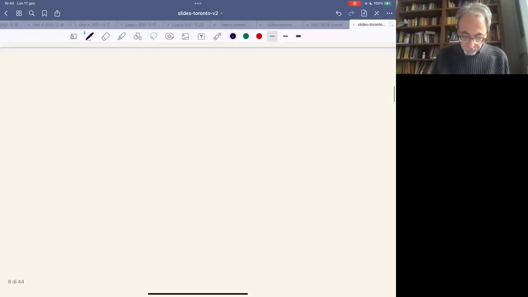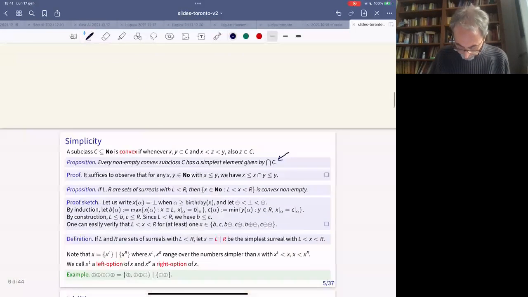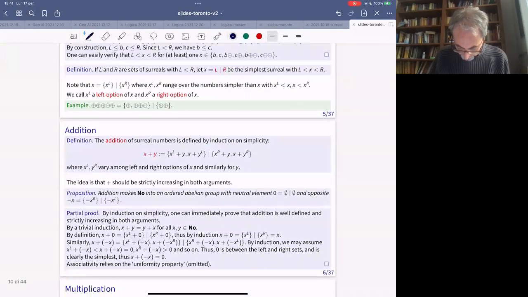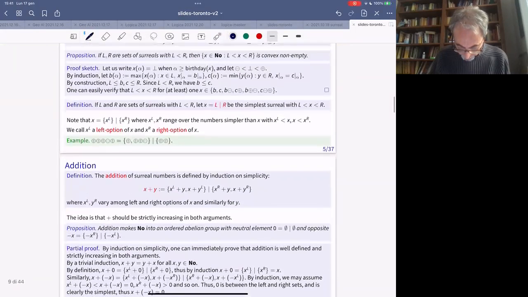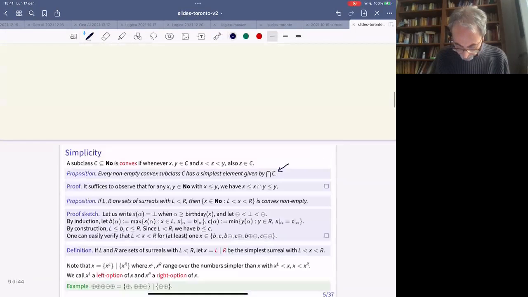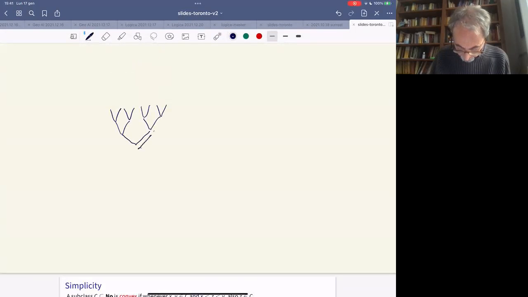Okay, now let's make an example. Consider again the tree. Plus, plus, plus, minus, plus. So you arrive here. This node is the binary sequence plus, plus, plus, minus, plus.